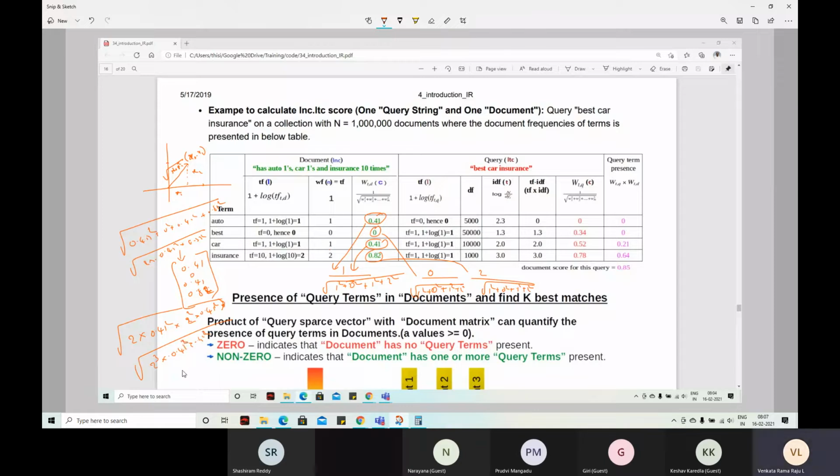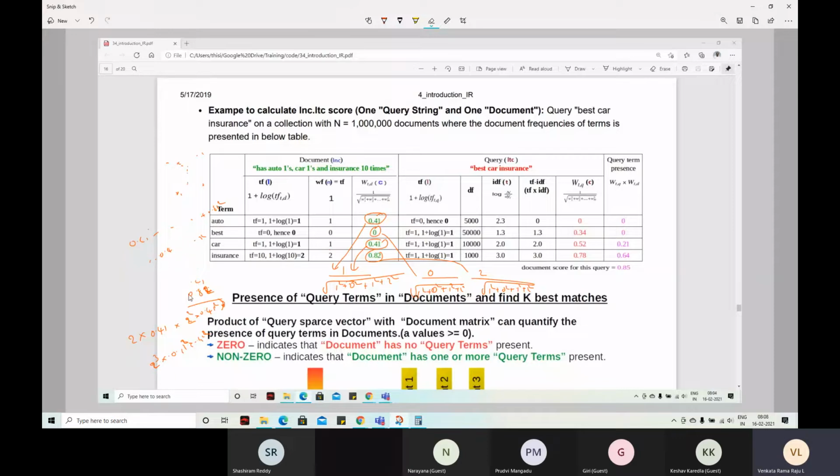I think I did not do it right. Somewhere I missed a plus there. Give me 1 second. Let me write it in a neat way.